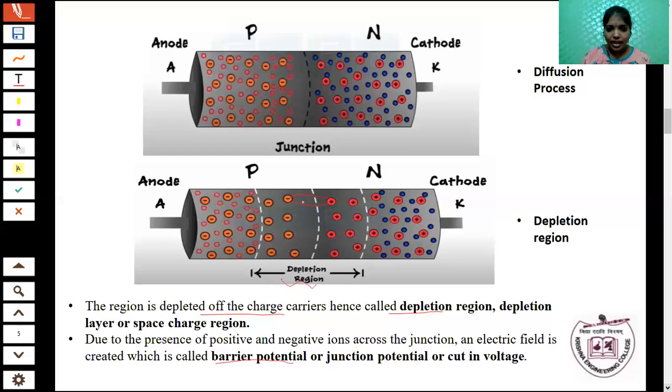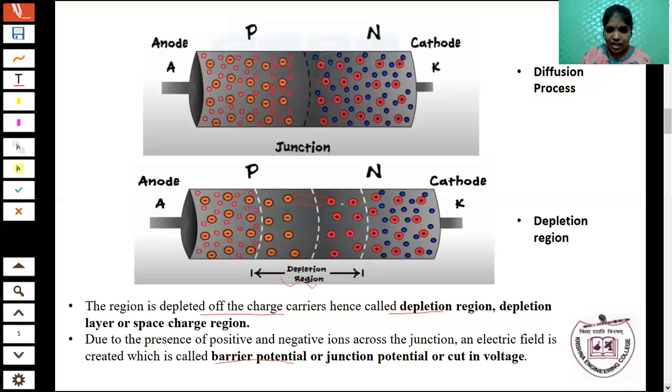During the unbiased condition, the important thing is that there is no current flow in the PN junction diode. There is no movement of electrons and holes. For that reason, we go for biasing. The important thing you have to know is that during the unbiased condition, a depletion region is created near the junction. The depletion region is nothing but the positive and negative ions formed near the junction.